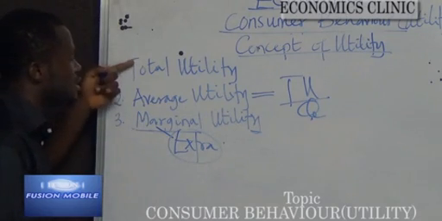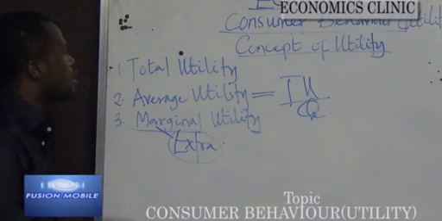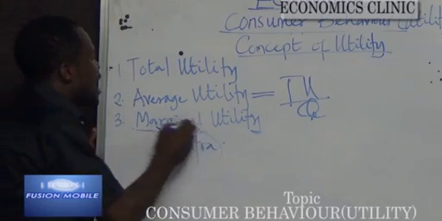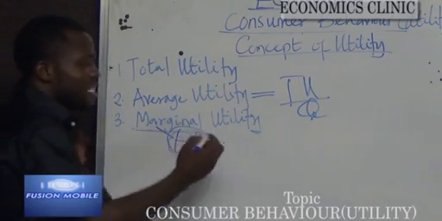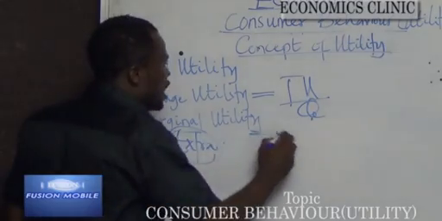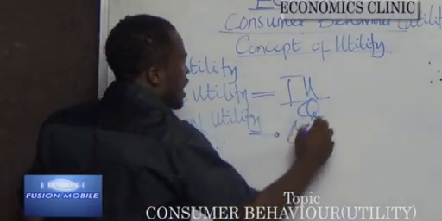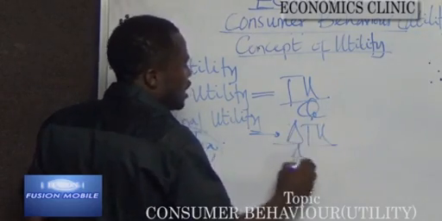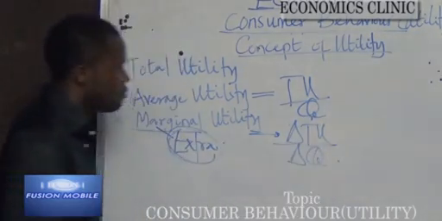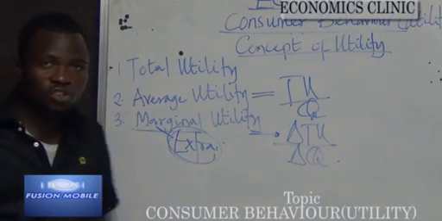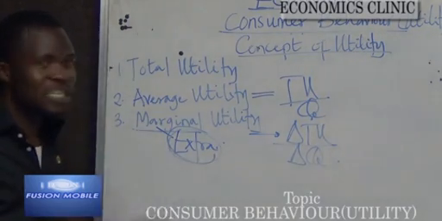Marginal utility can be calculated using changes in total utility divided by changes in quantity. We'll solve questions to understand this concept more.